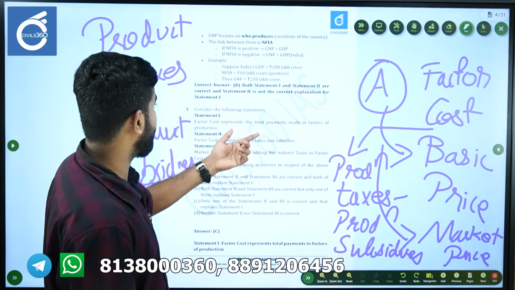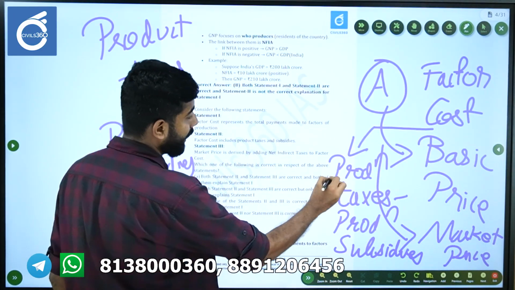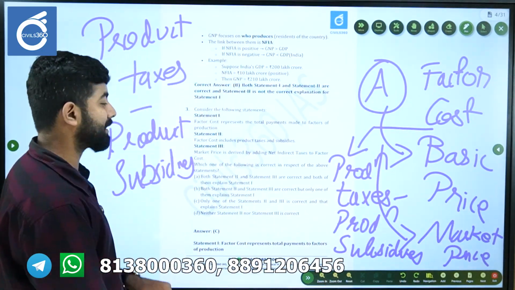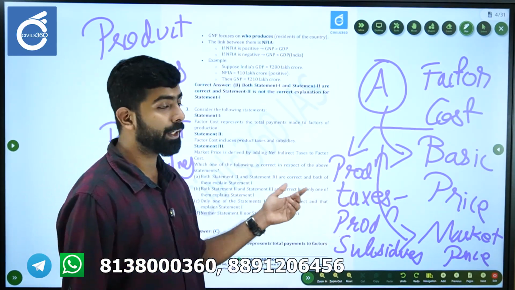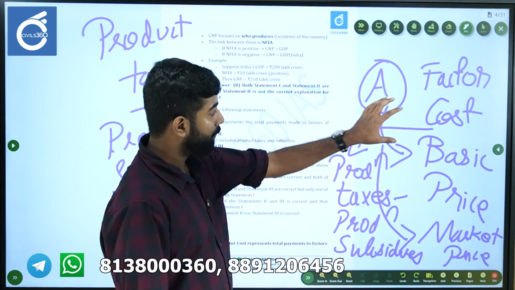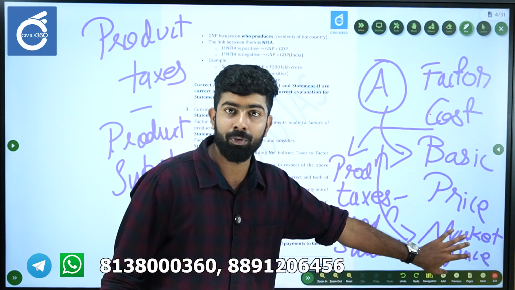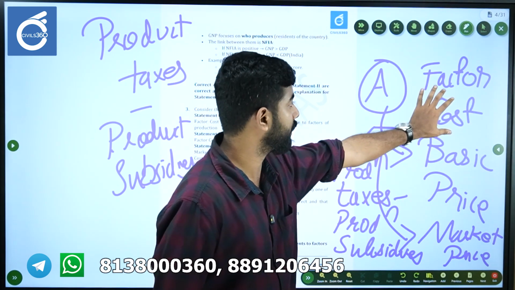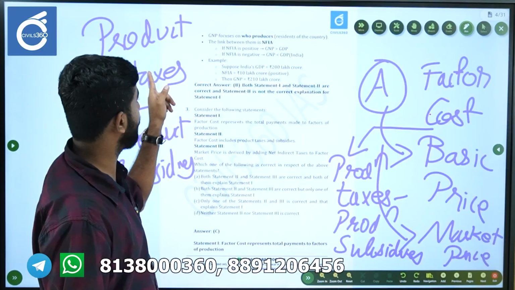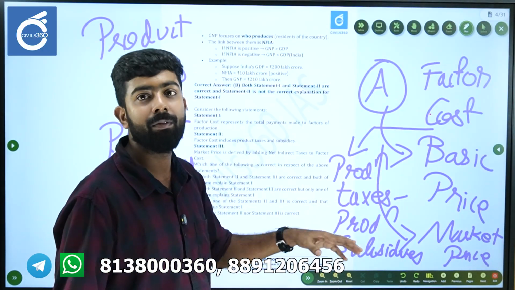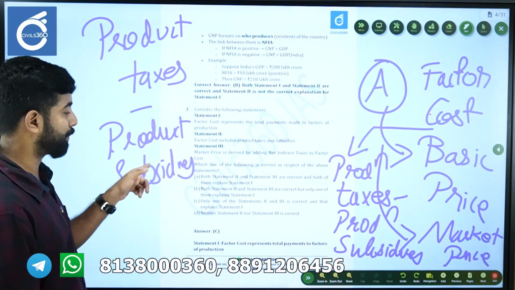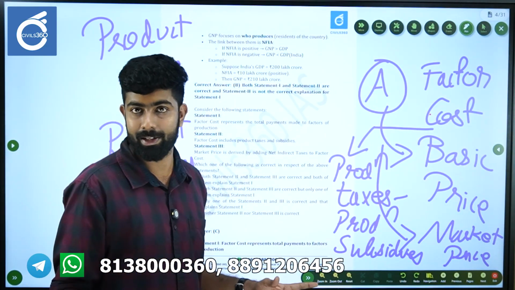Then production subsidies are subtracted and product subsidies are also subtracted, and together they become the entire amount of subsidies that the government gives. So the formula is: factor cost, add product taxes as well as production taxes, which become indirect taxes, and subtract production subsidies as well as product subsidies, which become subsidies in total.